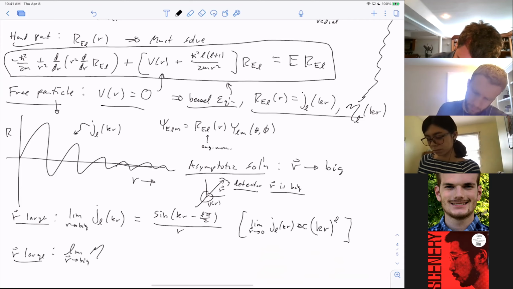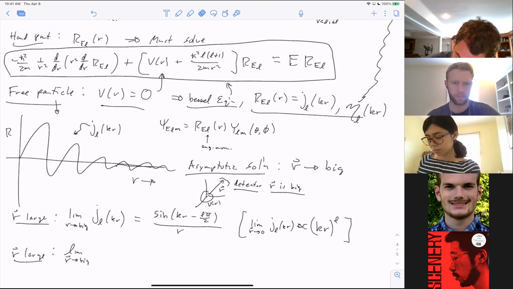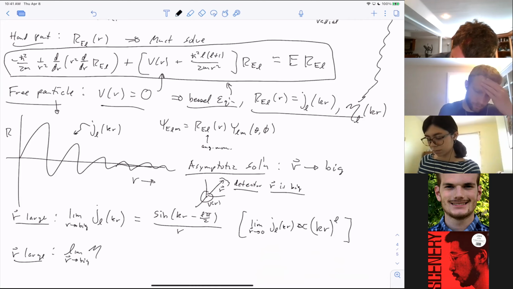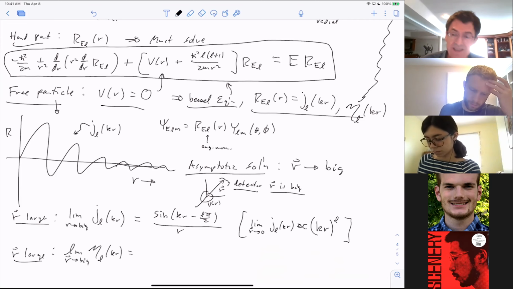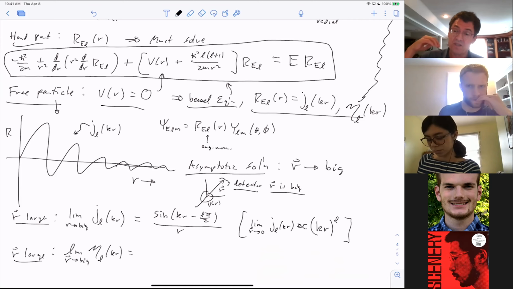Now the Neumann function is a very sensible thing, because the Neumann function of kr is equal to, well, I'll just ask you, can anyone guess? There's a differential equation, the wave equation, that always has two solutions, sine and cosine.